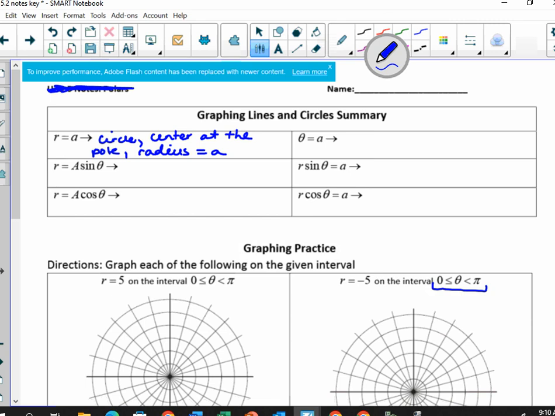Our other circles here. If we have r equals a sine of theta, that is a circle. It's going to be shifted on the y-axis because it's sine, so it's either going to go up or down. And your diameter is a.